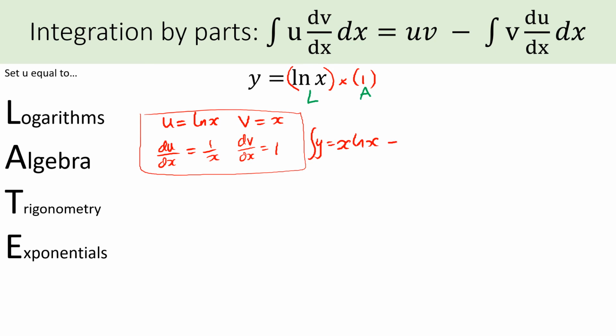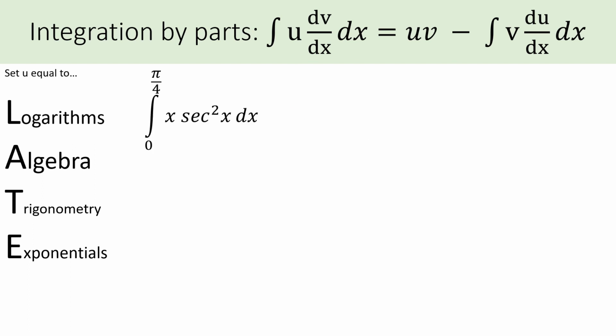So uv, take away the integral of v du. Now v is x, but du is 1 over x, so we end up with x over x there. So that helps a lot, because the x and x cancel out and we're finding the integral of 1, which is going to give you x ln x minus x plus c. So yeah, it doesn't look like it's an integration by parts question, but it is a very clever little trick, that one.